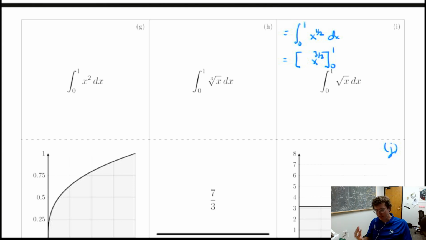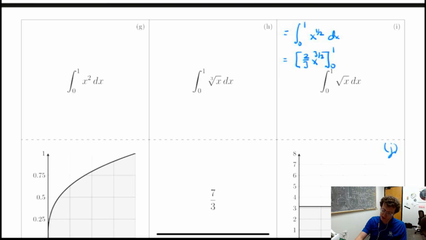The problem is, the power rule says when I differentiate x to the 3/2, I get 3/2 x to the 1/2. And there's no 3/2 in front of that x to the 1/2. So what do I need to put in front of this to cancel out with that 3/2 that I don't want? A 2/3 would do the trick.